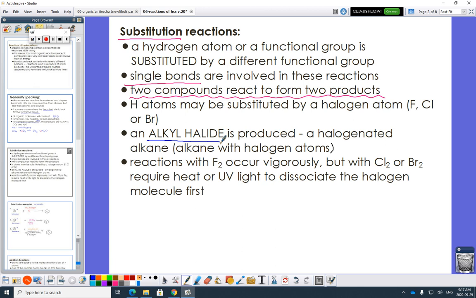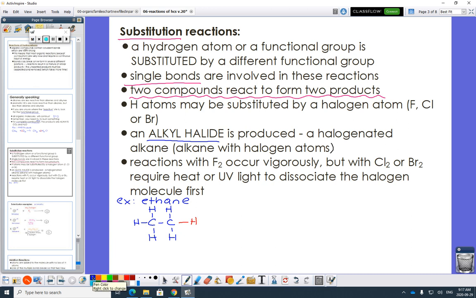Okay, so what will we do? Let's do ethane. Ethane has hydrogens, and they're all the same, okay? I'm going to pick this one, so just pick one and make it a different color if you have different colors.